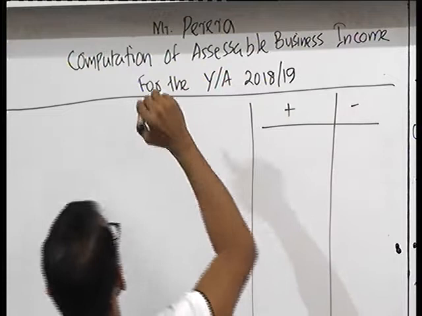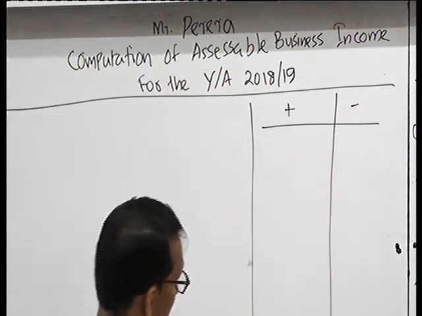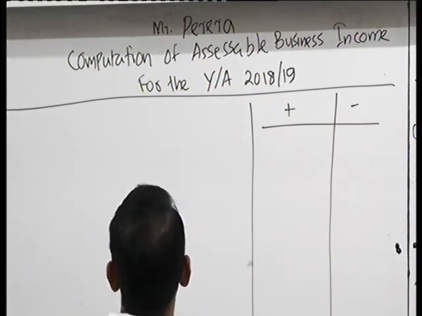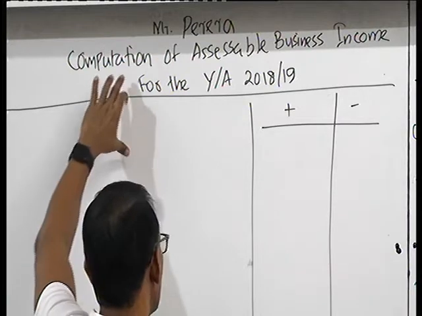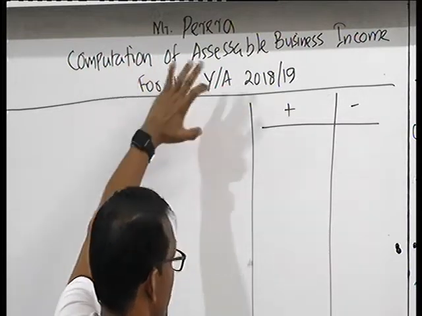So you have to write the name of the person who is conducting the business, and what you are computing is the computation of assessable business income.